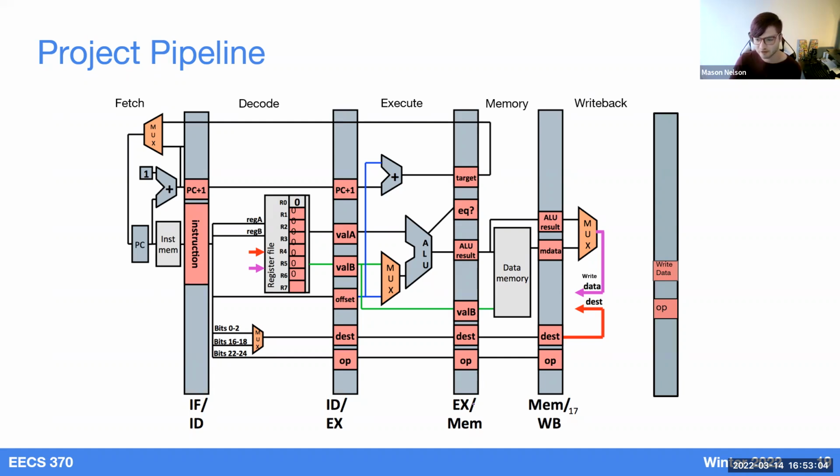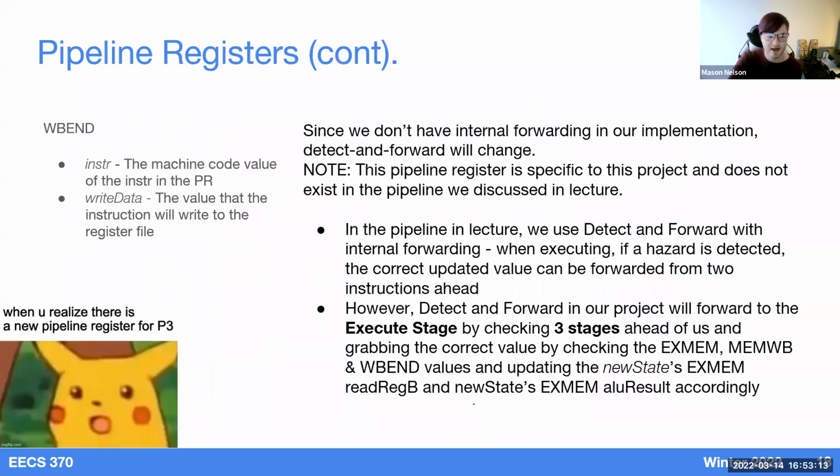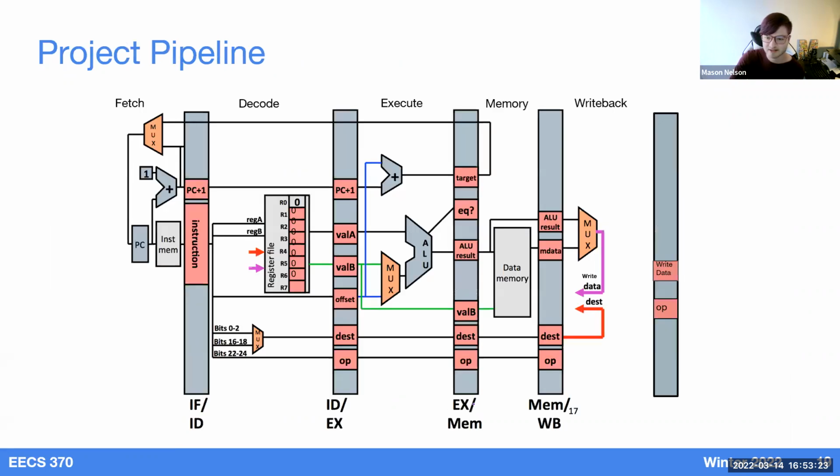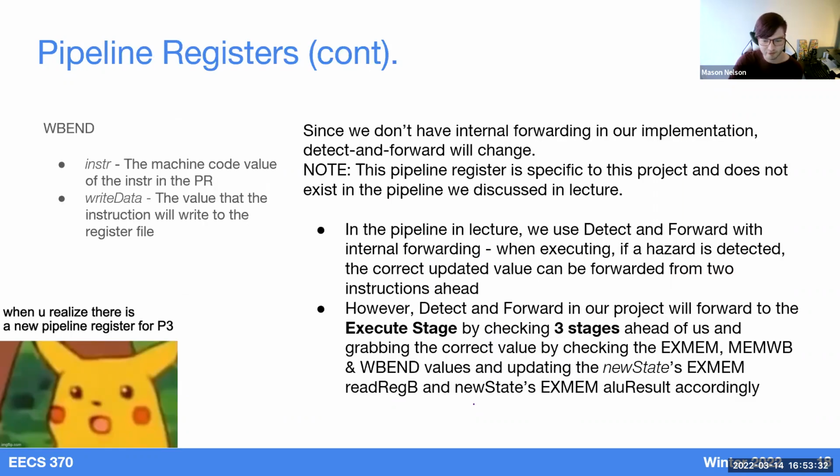We do get those confused quite a bit, so do not confuse your pipeline registers with your stages. And so to implement this in the project, we've added an extra struct for you, one of those pipeline register structs I was talking about earlier. We've added one for you, and it just, again, contains the exact same contents as the mem write back pipeline register. It just has the write data and the instruction machine code so that you know how to forward things properly.